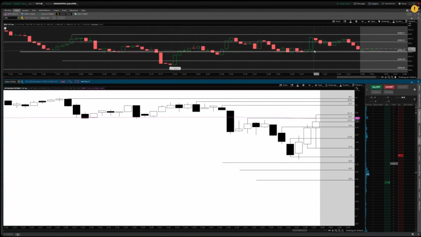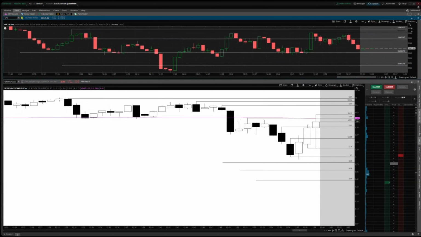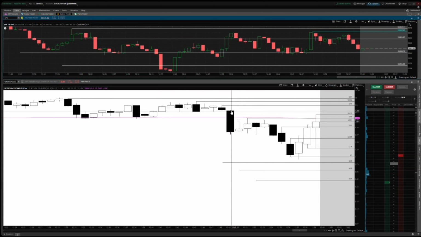So here, at its highest point on the chart, 50.68.43 is its highest point right here. It never came back up there again. As we're watching these levels, we see it's slowly dropping, $6.